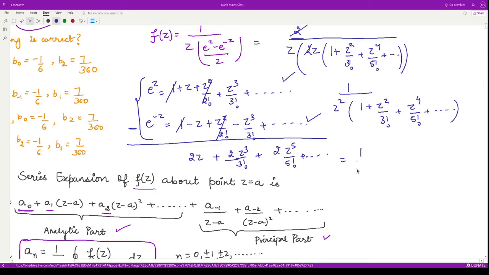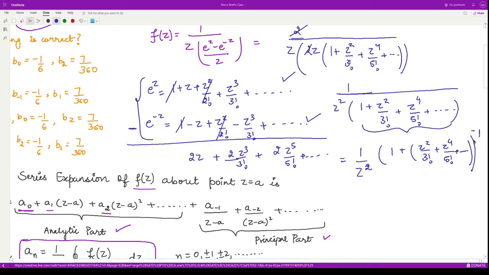Again we can write this as 1 plus this whole term, z square by 3 factorial plus z power 4 by 5 factorial and so on, raised to power minus 1. That means I have shifted this term, which was in the denominator, upwards into the numerator.